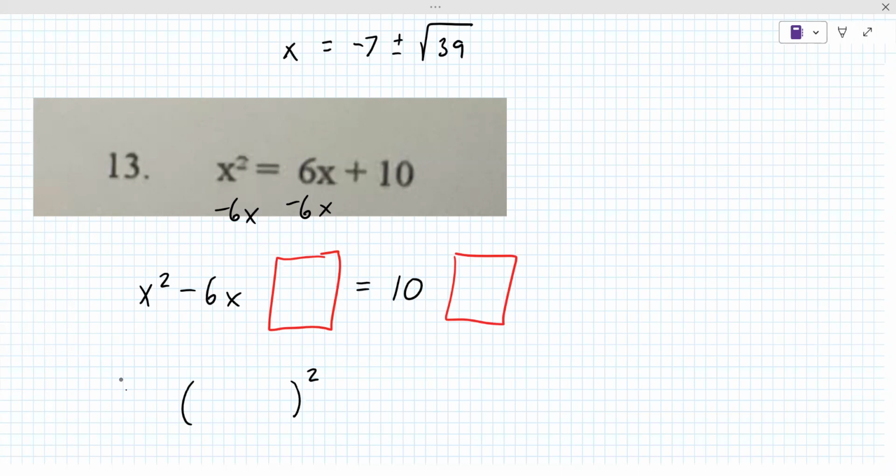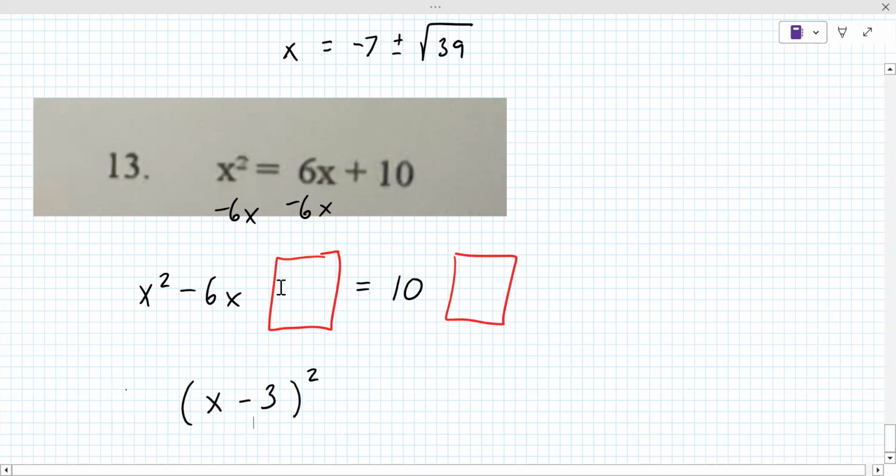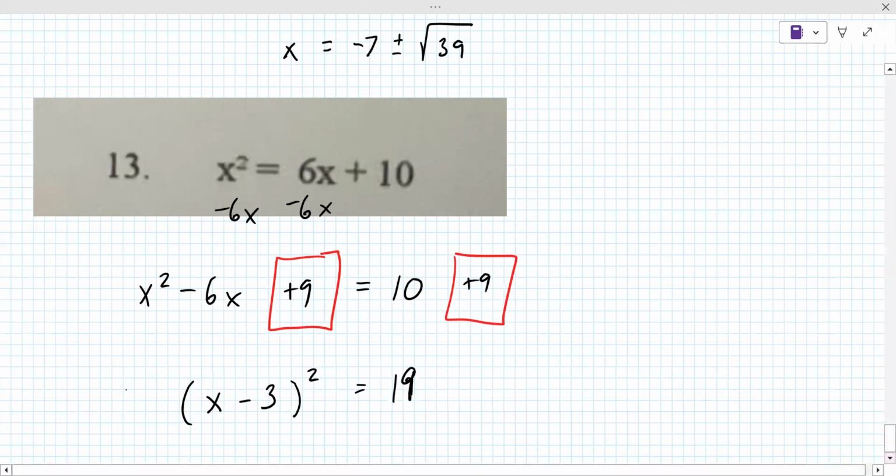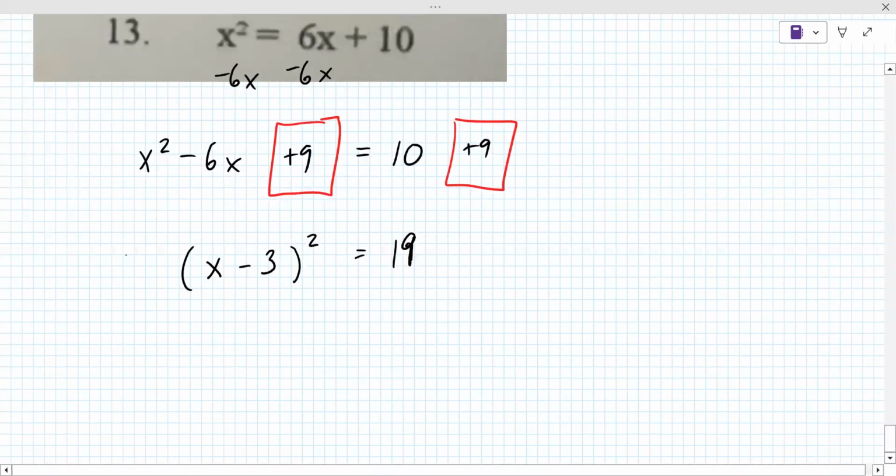X plus 9. So it's half of the 6, and it's negative this time. So the 9 actually is what goes into here. So it is plus 9, plus 9. What is the next thing to do when we're at this point?